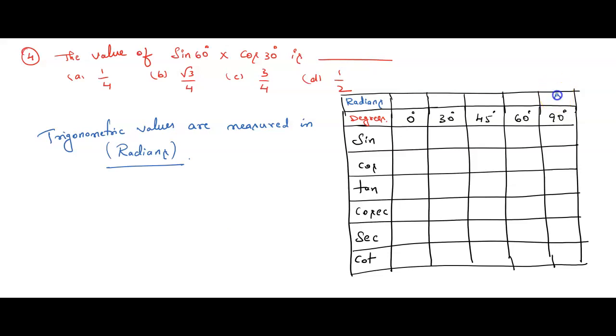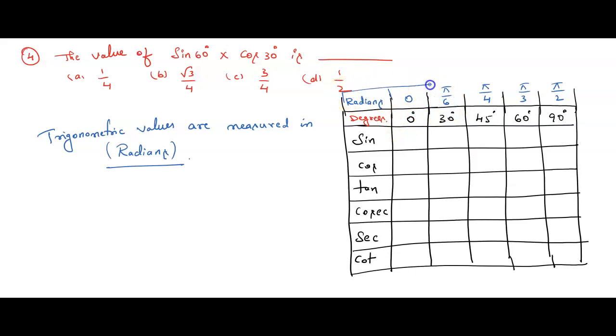Now what are radians? Simple. You can observe here pi by... Here nothing, 0 means it is 0 only. Here write 2, 3, 4, 6.